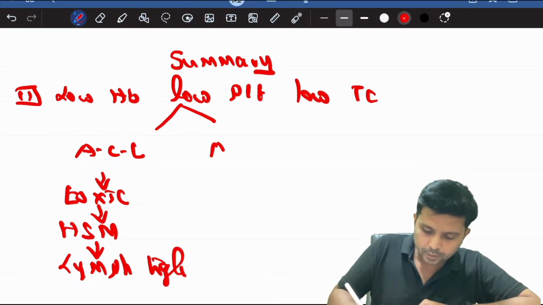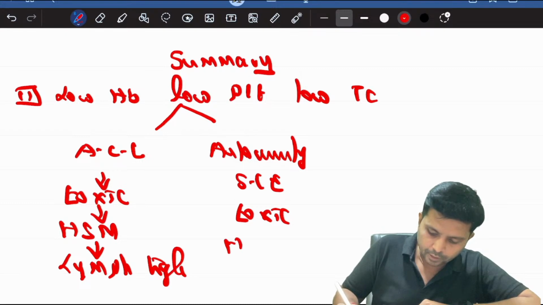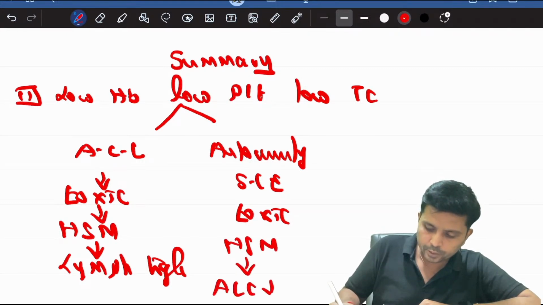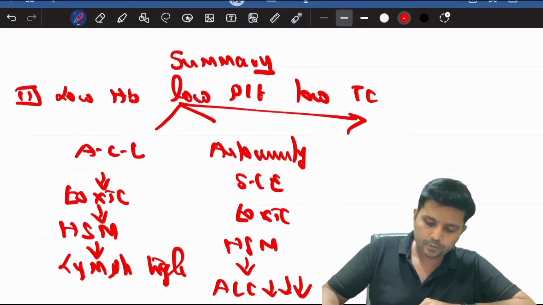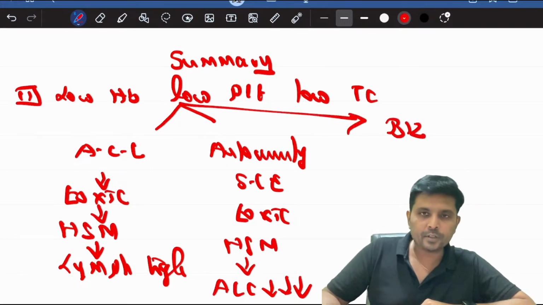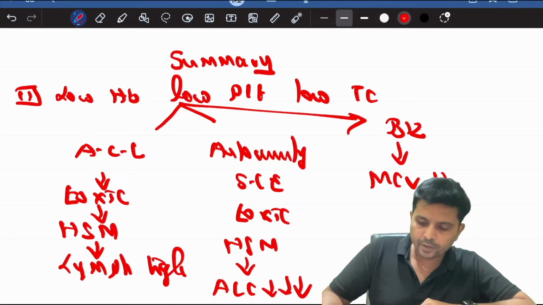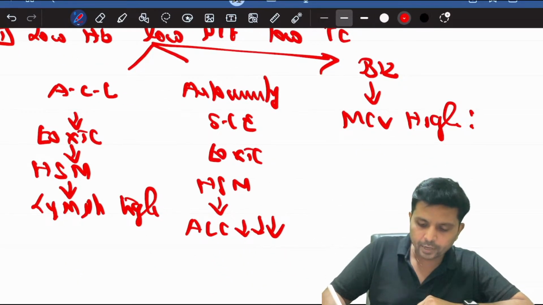Another condition is autoimmunity such as SLE, in which the child will also be toxic and have hepatosplenomegaly, but the absolute lymphocyte count will be low. Third one is B12 deficiency, in which MCV will be very high and RDW will be very high.